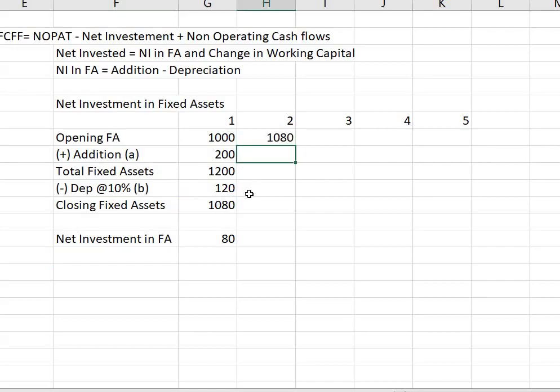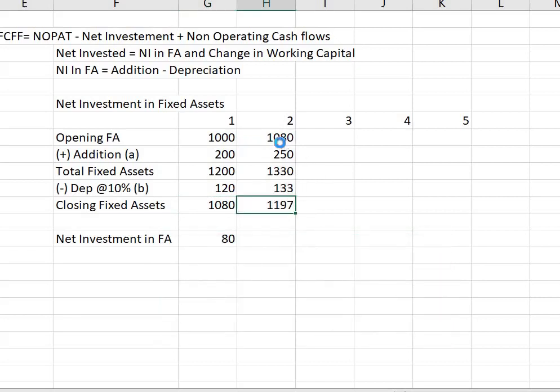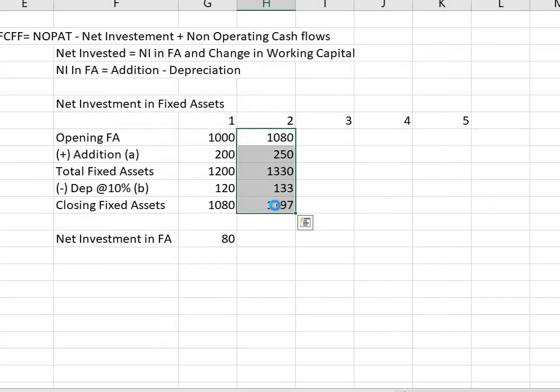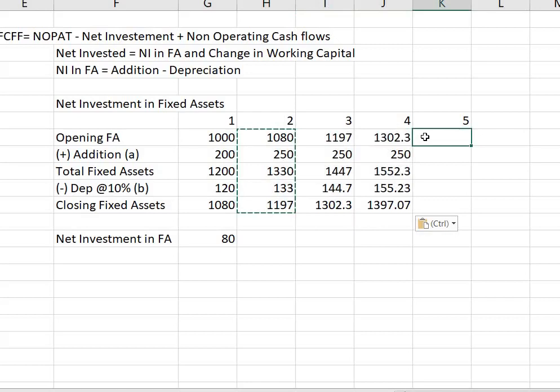Next year again we have some addition, that is 250 crore. Total fixed assets 1330. On this we'll have 10% depreciation, and again we'll be getting the closing assets, and so on. We'll have this for the next 5 years of calculation, right?